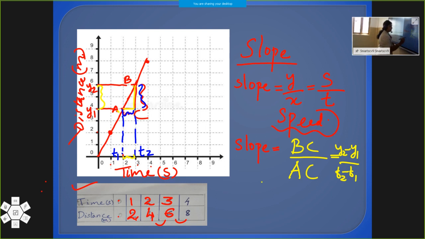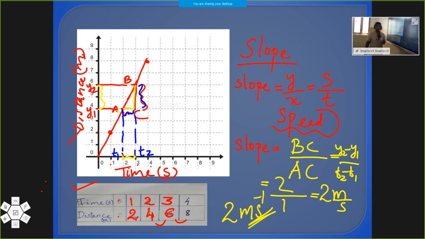What is y2 minus y1? 6 minus 4, which is 2, divided by t2 minus t1, which is 3 minus 2, that is 1. So 2 by 1 is equal to 2. This is speed, distance by time, so meter per second, 2 meter per second.